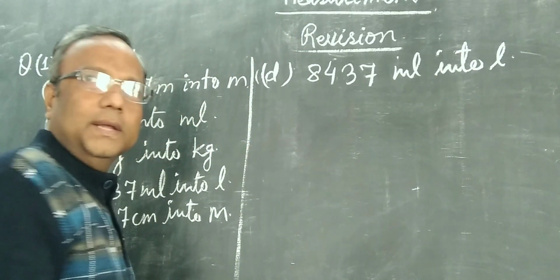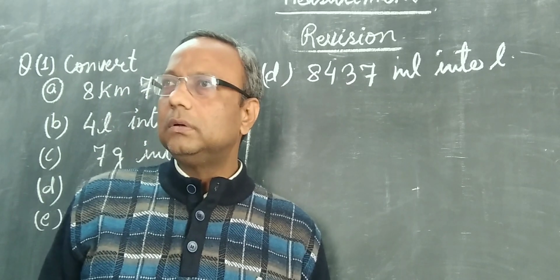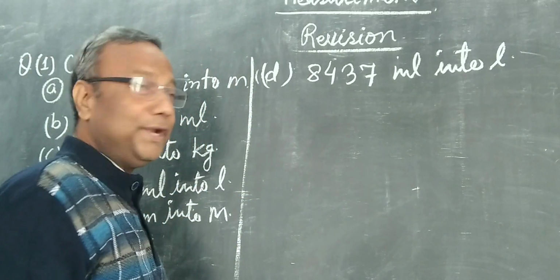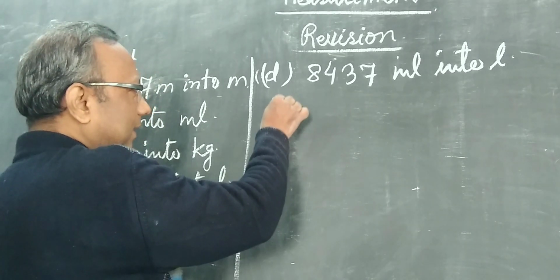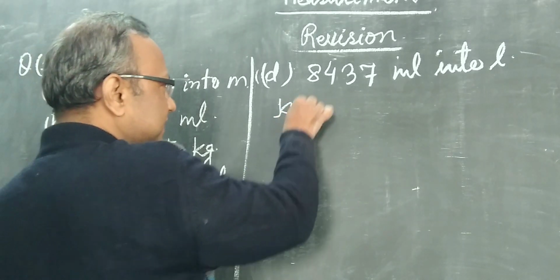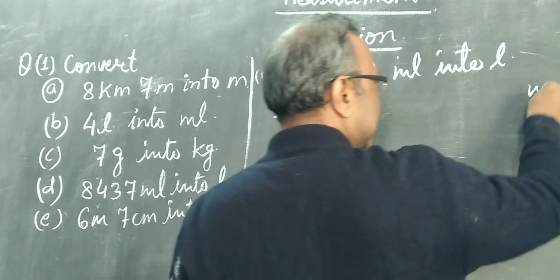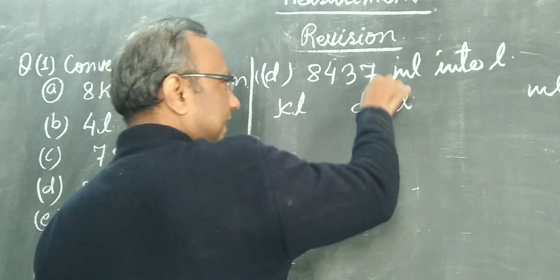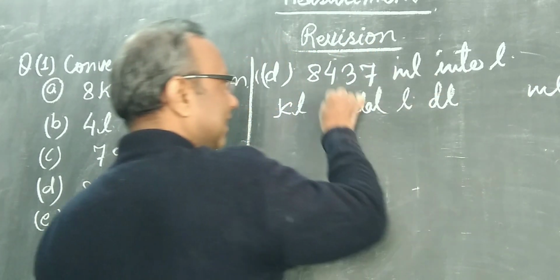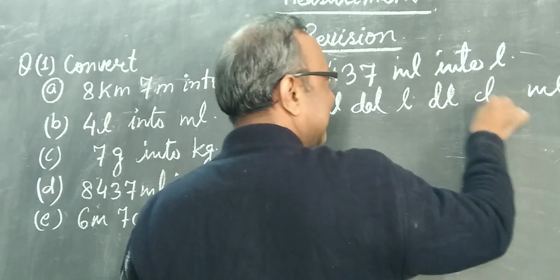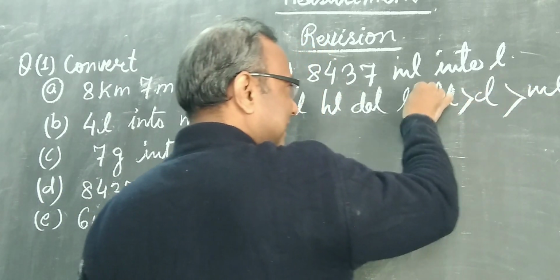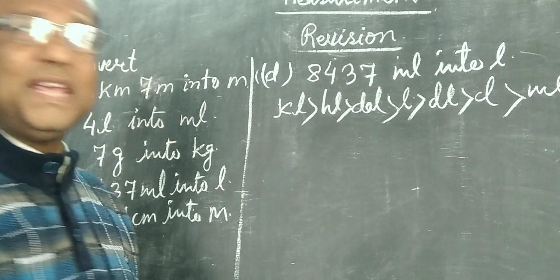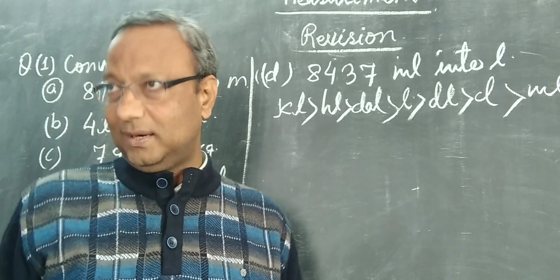Now see, this is the unit for capacity. So we will write the unit order of the capacity. Greatest unit is the kiloliter, smallest is the milliliter, at the center liter, decaliter, deciliter, hectoliter, centiliter. I am repeating to write the unit order. Why? Because we can learn.